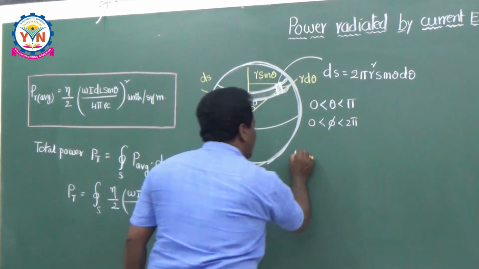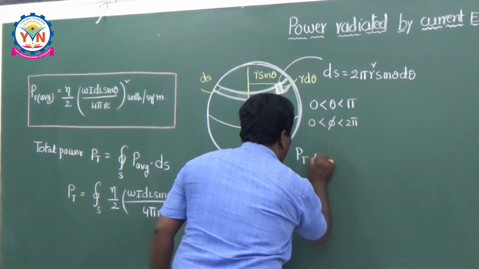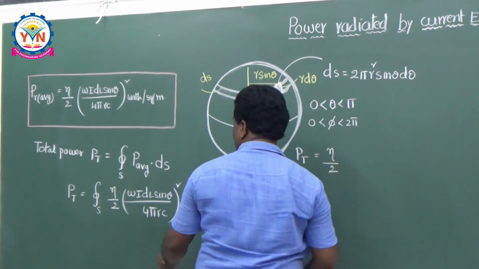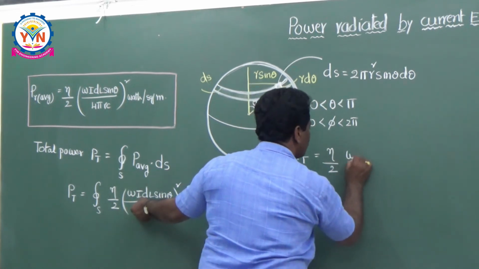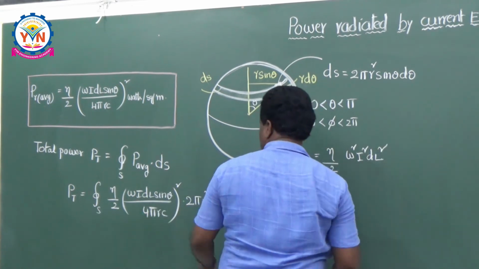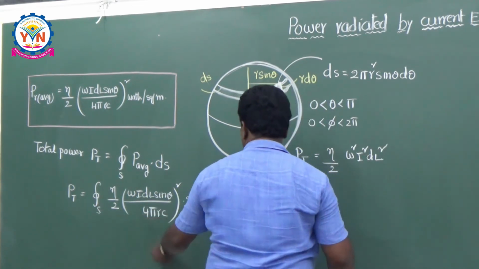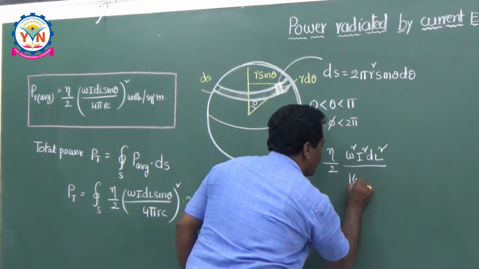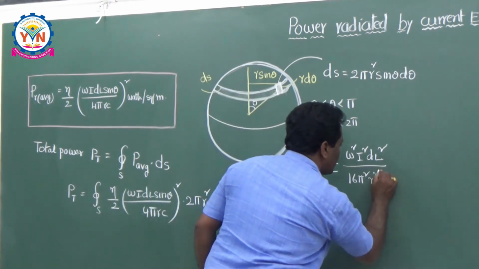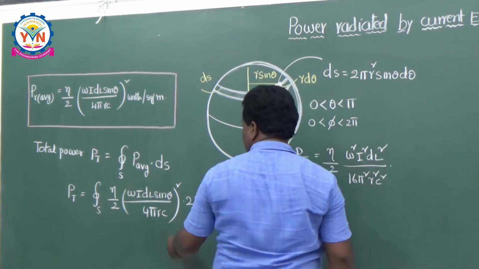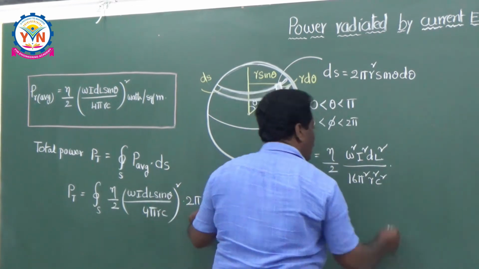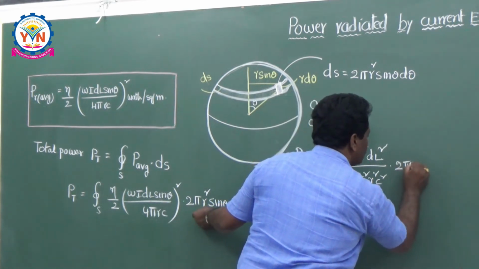Therefore, total power Pt is equal to eta by 2 constant, omega square I square dl square divided by 16 pi square r square c square, into sin square theta into sin theta, that is sin cube theta, multiplied by 2 pi r square.